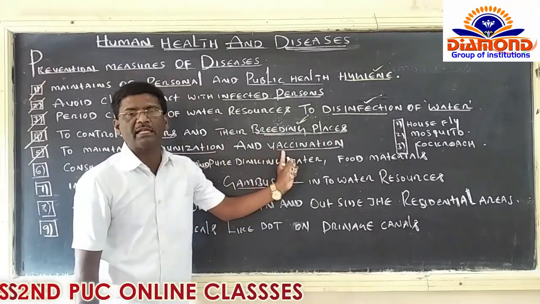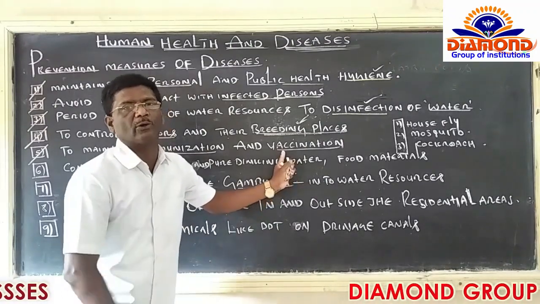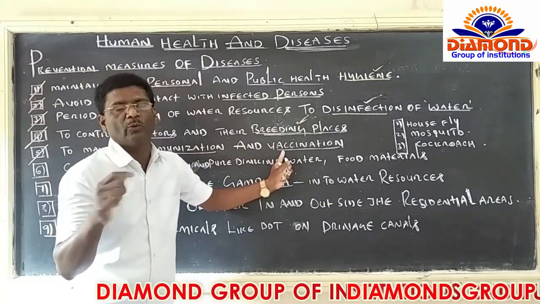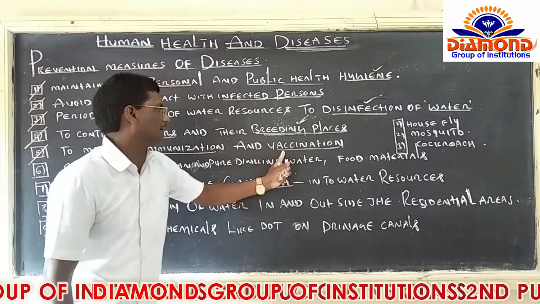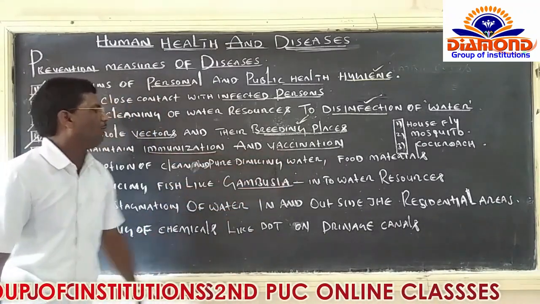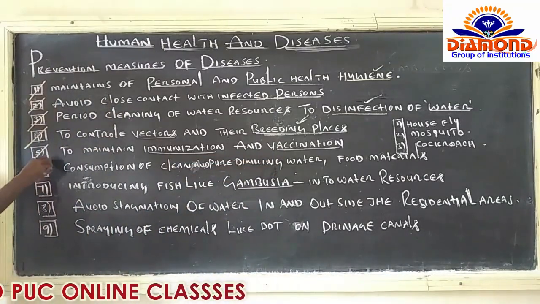Vaccination or immunization works against a particular disease only. So if we take immunization or vaccination, we resist those diseases, right? This is the most important thing to prevent diseases.